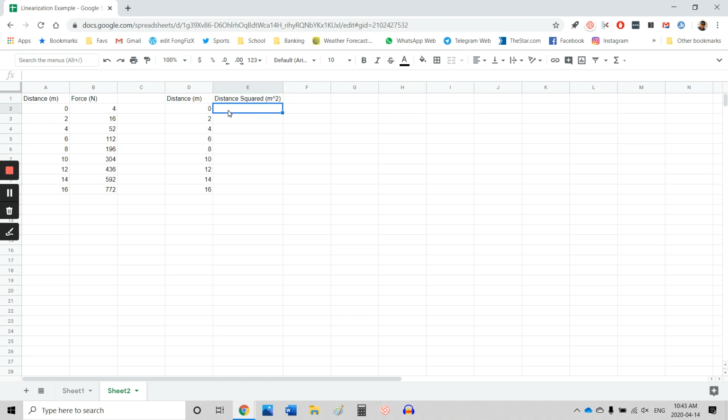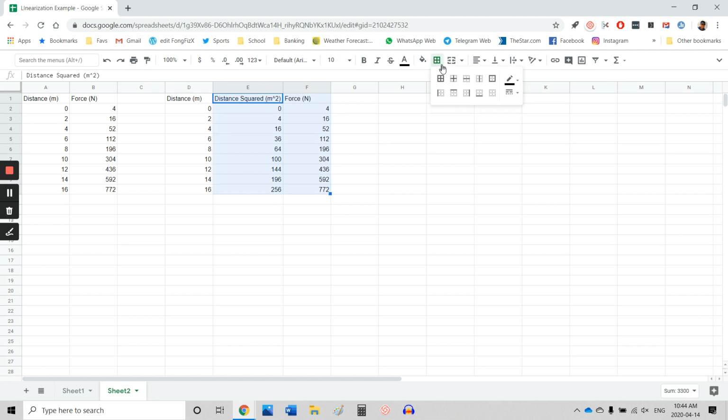So now we're going to have a column of distance squared. So how do we do that? Again, just use the spreadsheet: equals the square of this number from this box. Hat 2 is a square, enter, and again, we drag this little box, get the X going here, and drag it all the way down. Boom, done. Force, I'm just going to copy and paste over. So what we're doing now is we're going to look at the distance squared versus the force.